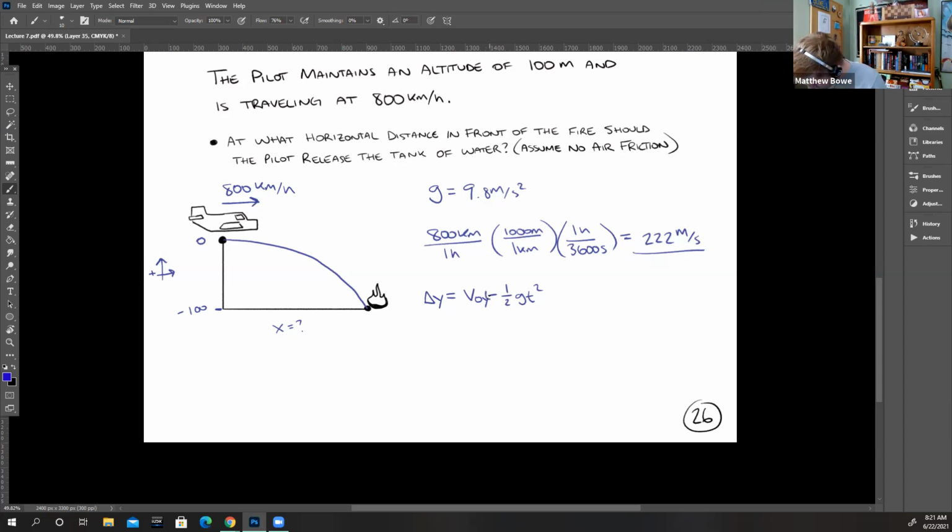Oh, sorry, there should be a t in here also. So, since there is no initial vertical velocity, that value goes to 0. That whole term goes to 0. That makes this problem a lot easier. We'll say delta y is equal to minus 1/2 g t squared.